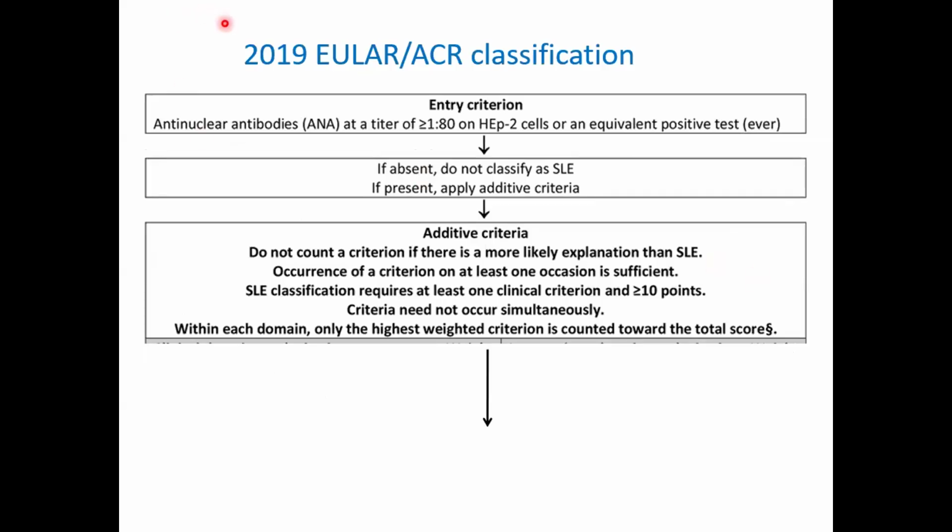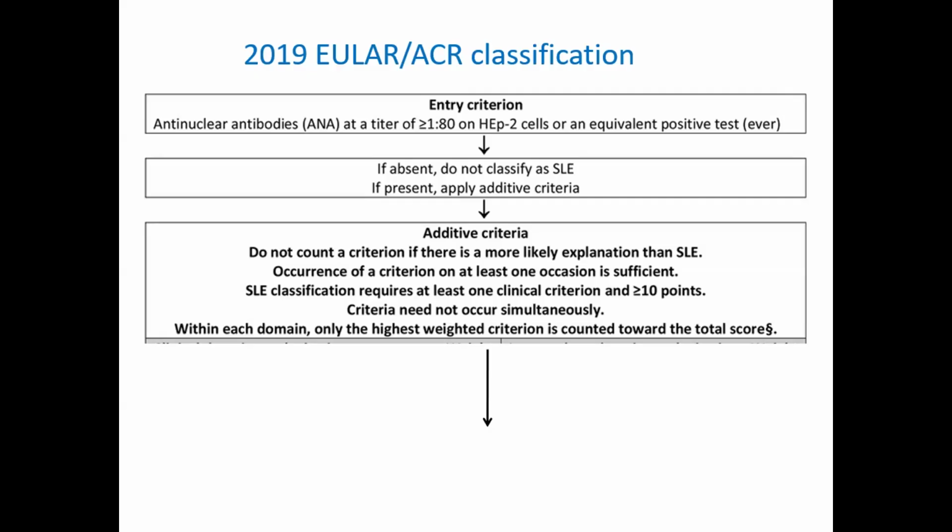So coming to the 2019 EULAR/ACR classification, the entry criterion is that anti-nuclear antibodies or any equivalent test should be positive; only then can we go into the additive criteria.